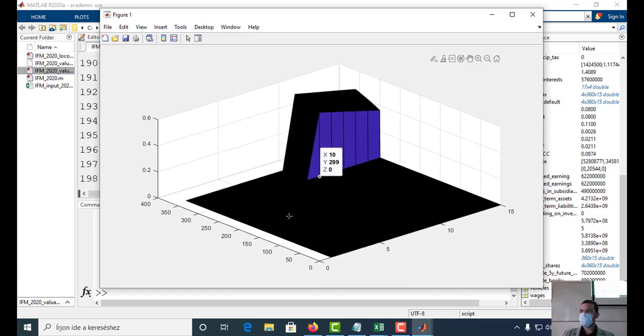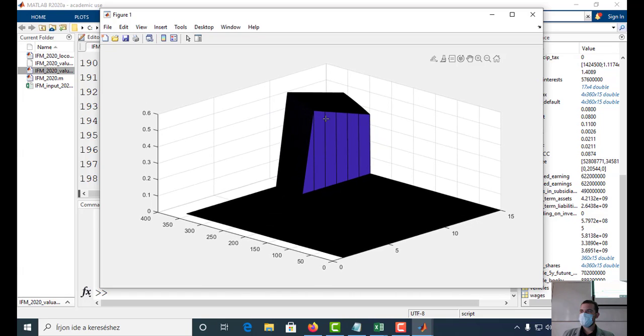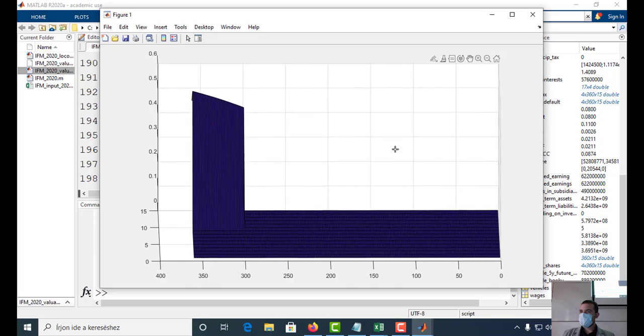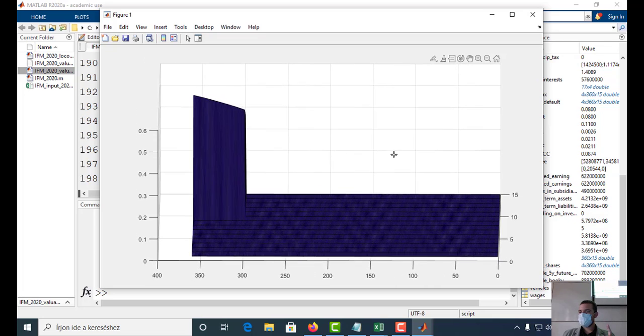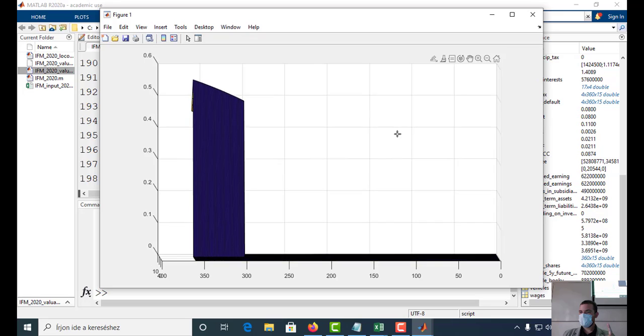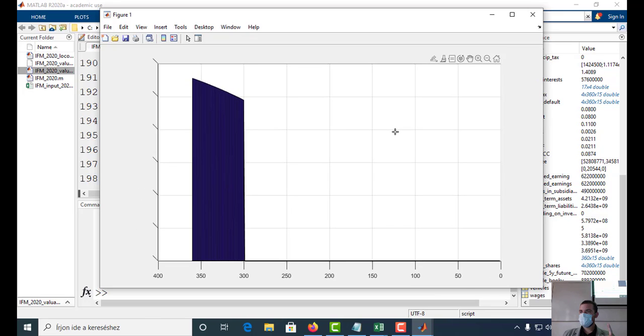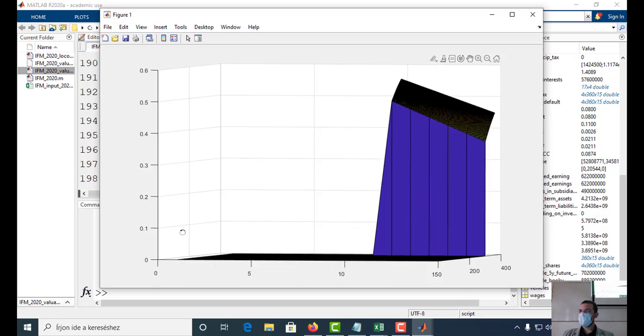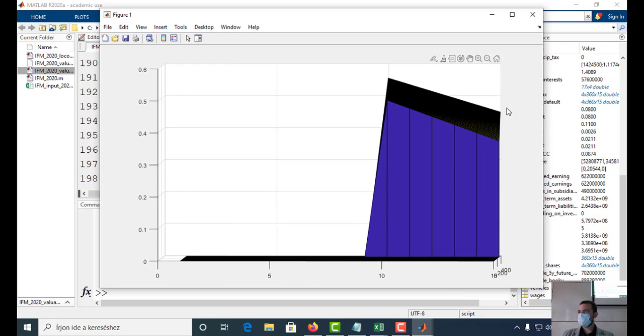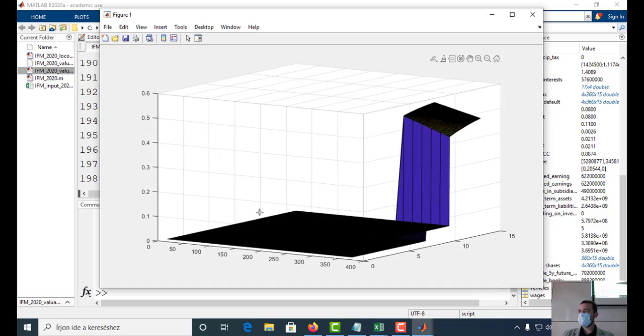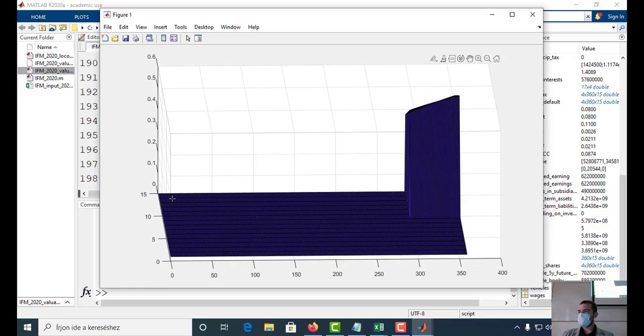So actually with these 3D representations we can see the steepness can be really important here. The steepness here is way smoother in the case of euro than it was in the case of Czech koruna. So Czech koruna affects us much more badly than what is happening with the euro.